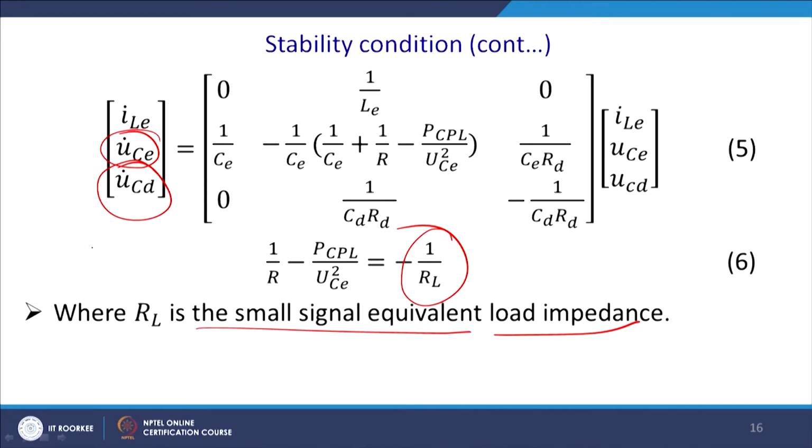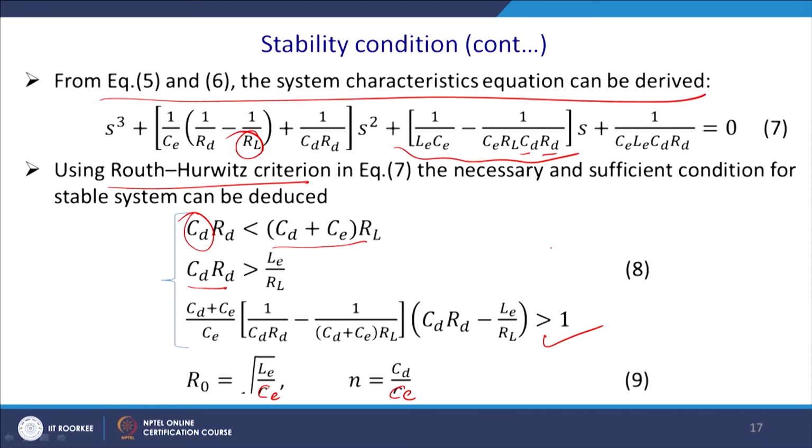What I can say here is that these characteristics you have to write properly. Thereafter, these are the steps, again I am reiterating. Thereafter, you come to the transfer function.